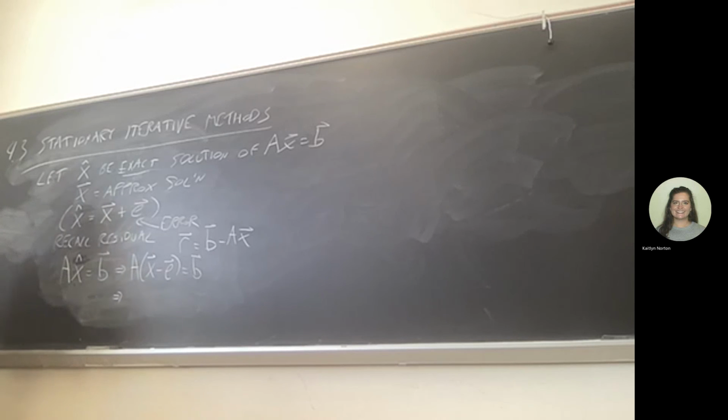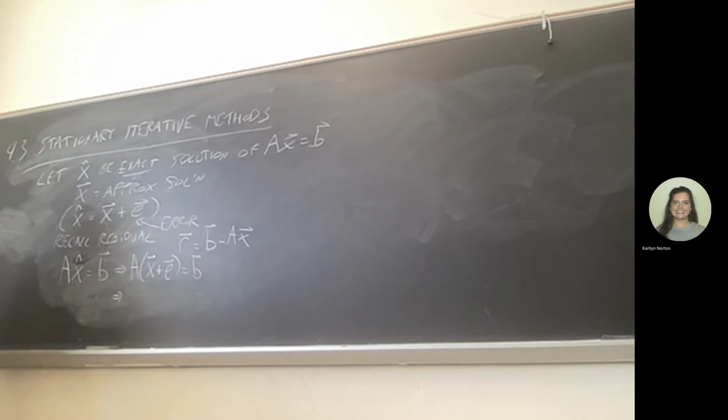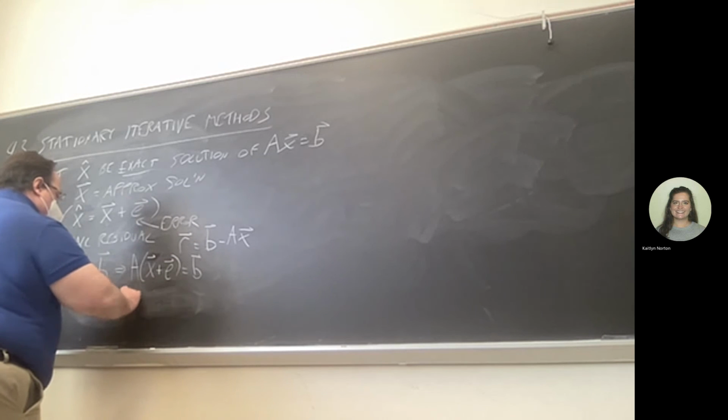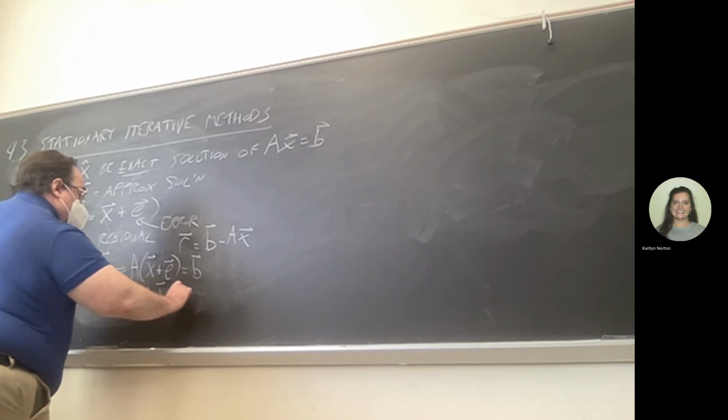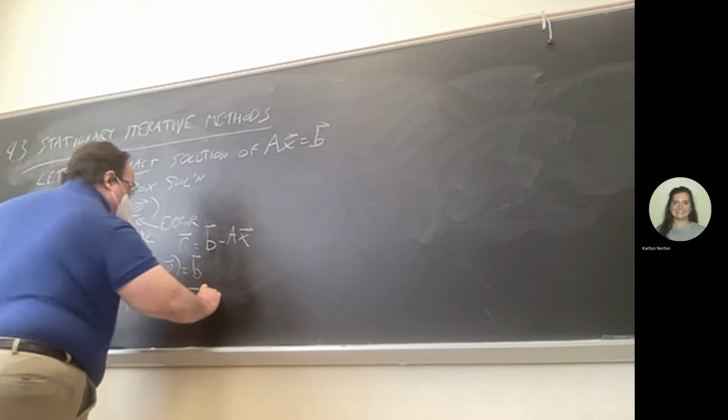Okay. So exact solution is approximate solution plus error. So this would be a plus. So now I have AE is equal to B minus AX, but that's a residual.